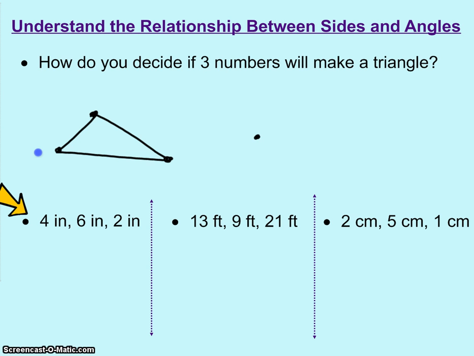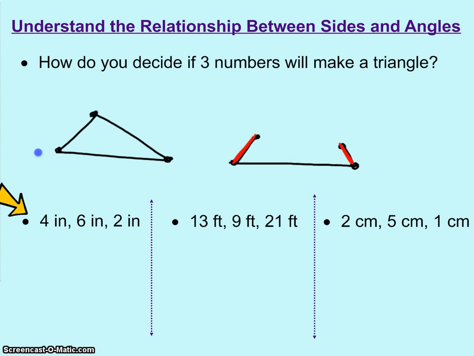But if I come up with three other pieces, maybe one that looks like this, a second one that is so long, and a third one that is a couple inches or so, obviously that does not make a triangle. Well, why doesn't it make a triangle? Because two of the sides, these two sides, are not long enough to meet with each other, because the third side is just that much longer.